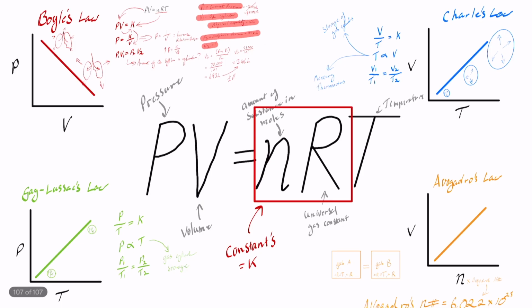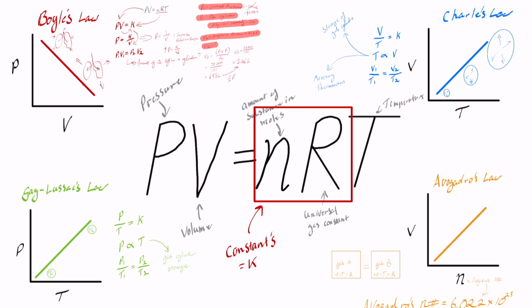That brings us to the end of this video. We've talked about the ideal gas law, which is pressure times volume equals the amount of substance in moles times the universal gas constant times temperature. And there's 4 major equations that you can derive from this, and that's Boyle's law, which describes the inverse relationship between pressure and volume if temperature remains constant. Then there's Charles's law, which describes the proportional relationship between temperature and volume if pressure remains constant.